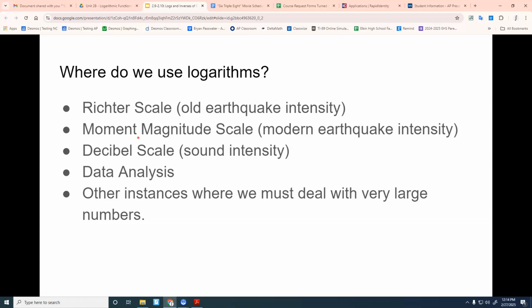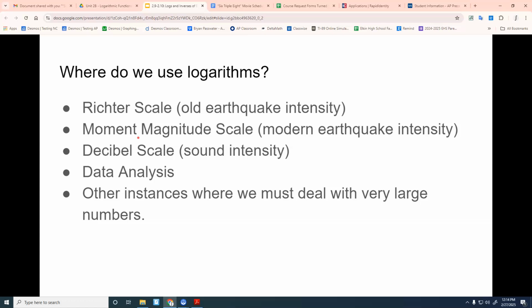logarithmic scale. And in a logarithmic scale, each time you increase by 1, it's not like you're just adding an intensity of 1. You are multiplying by 10. So if we have a 4, which many of us have experienced, if we experienced a 5, it would be 10 times worse.